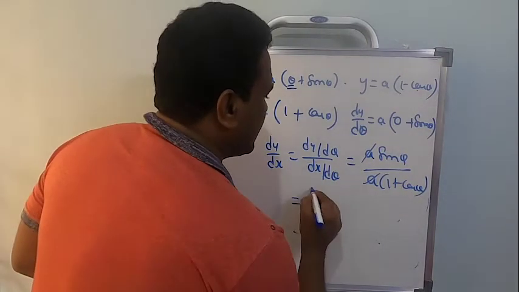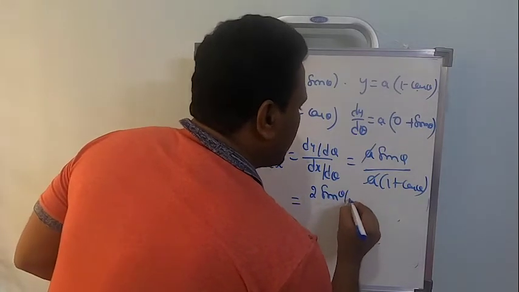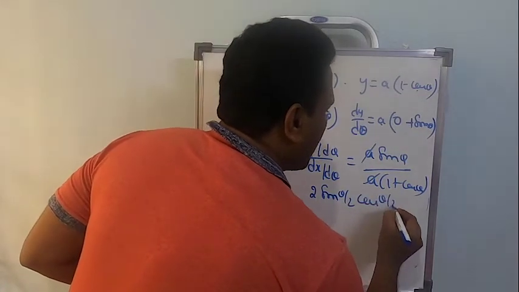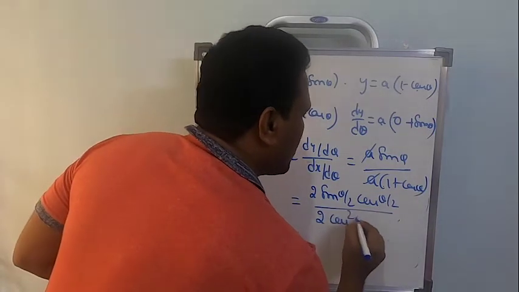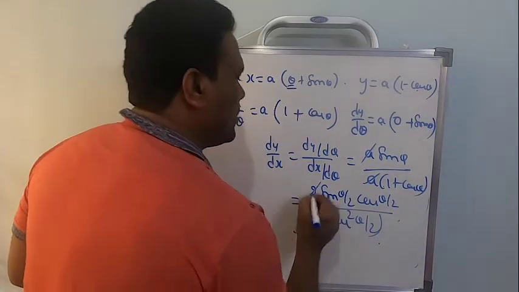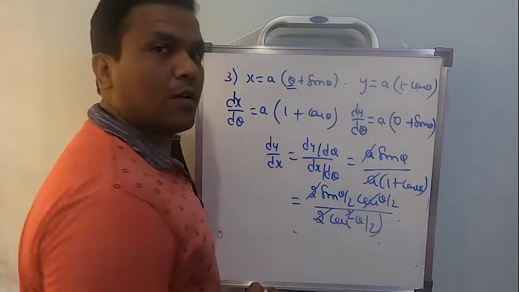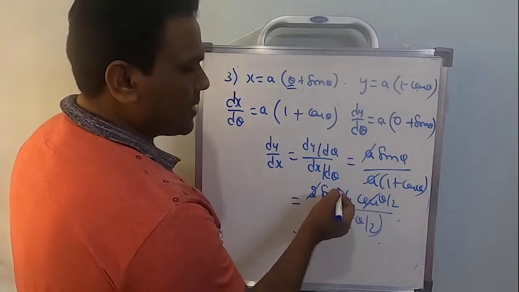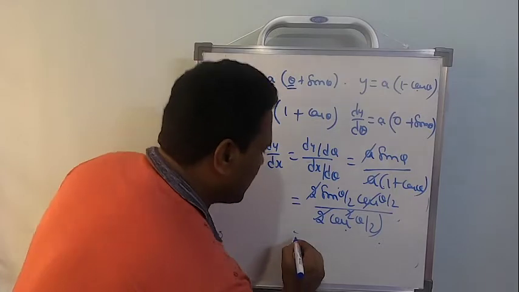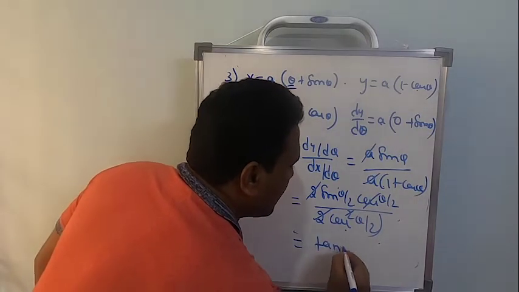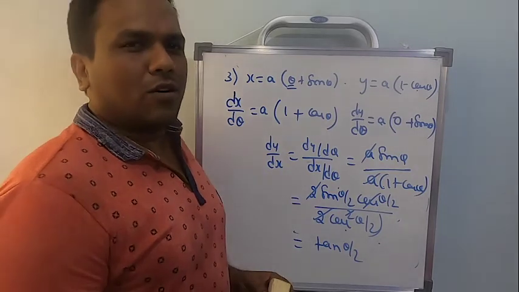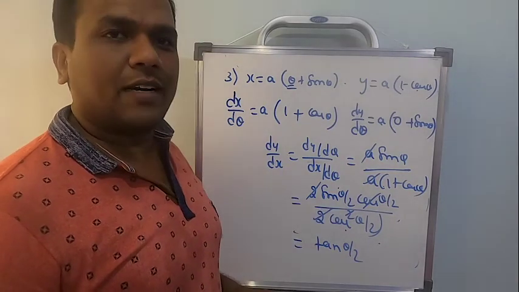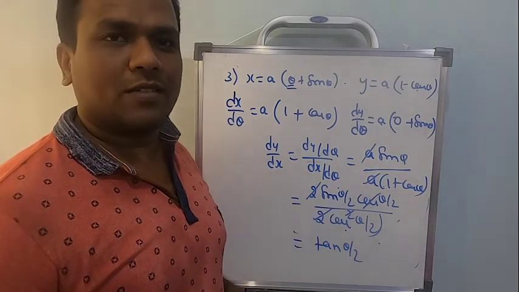So the numerator sine theta is 2 sine theta by 2 multiplied by cos theta by 2. The denominator 1 plus cos theta will be 2 cos square theta by 2. Eliminate 2. Eliminate 1 power of cos. The remaining is sine theta by 2 divided by cos theta by 2. That is going to be tan theta by 2. If you are a master at trigonometry, of course you will identify this. I can continue further. Okay.